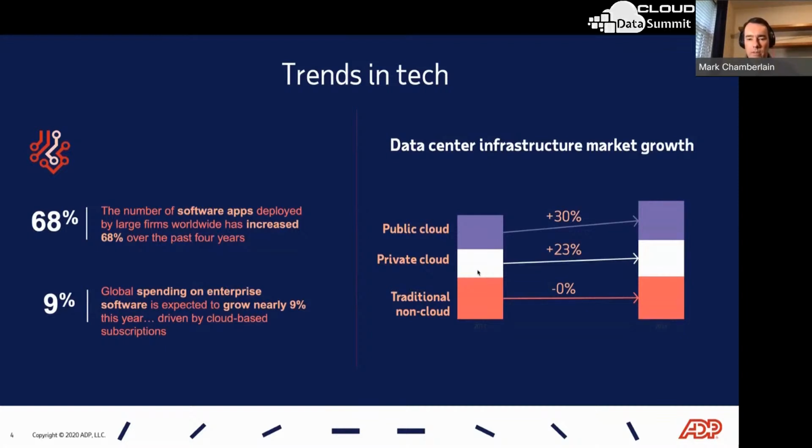It's relatively flat. But what you can see is that the use in the build out of private cloud as well as public cloud is increasing. And both of them are increasing quite a bit. So you can see that the focus is really going towards this cloud-based approach, these cloud-based solutions that meet the needs of your customers, and then having software that understands that.